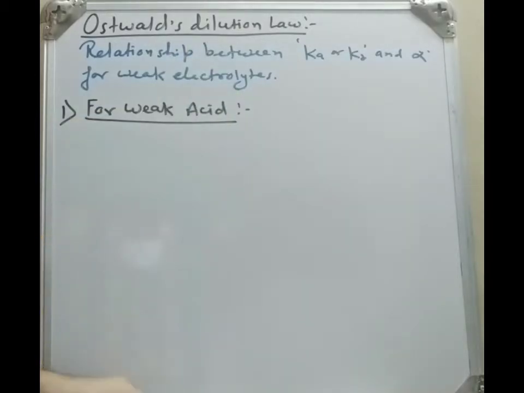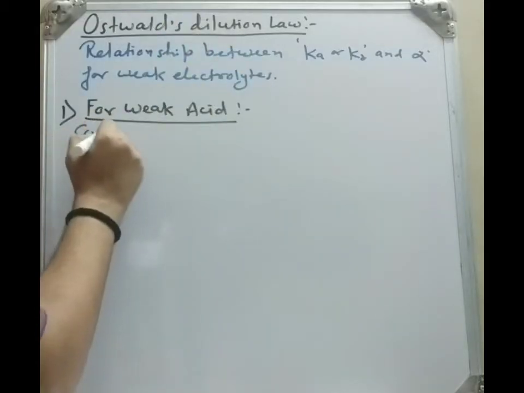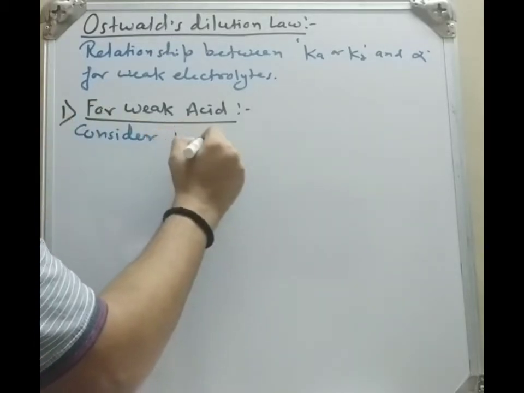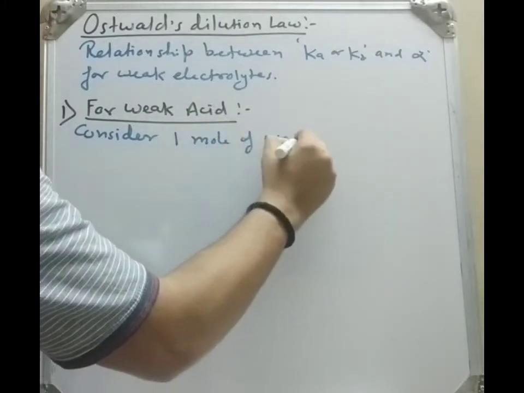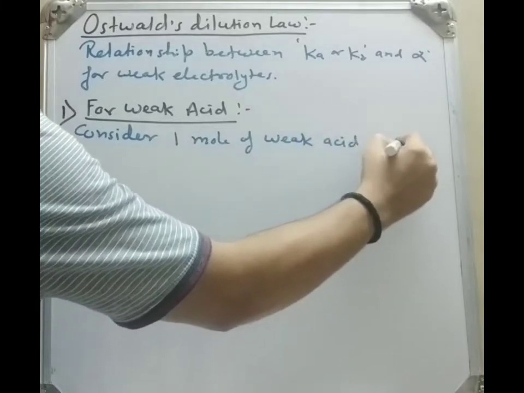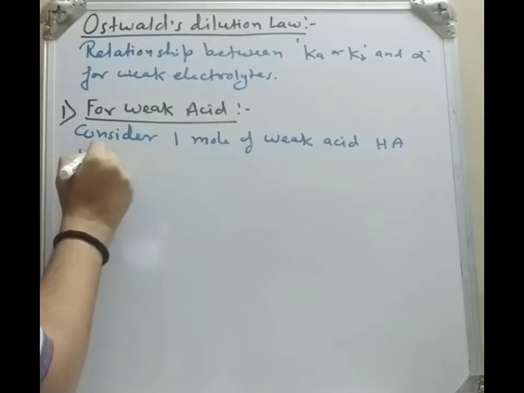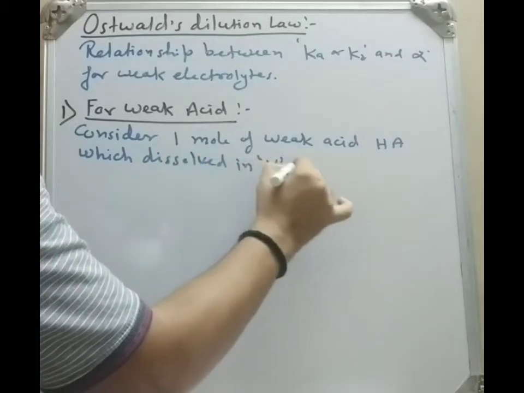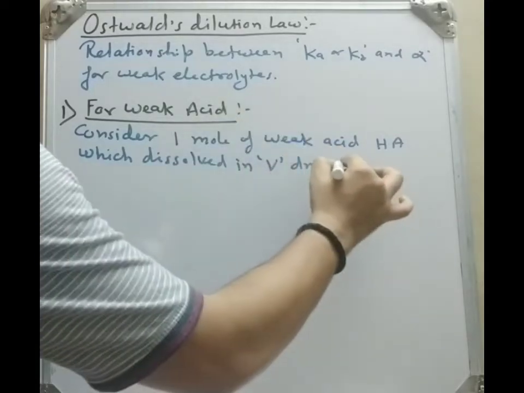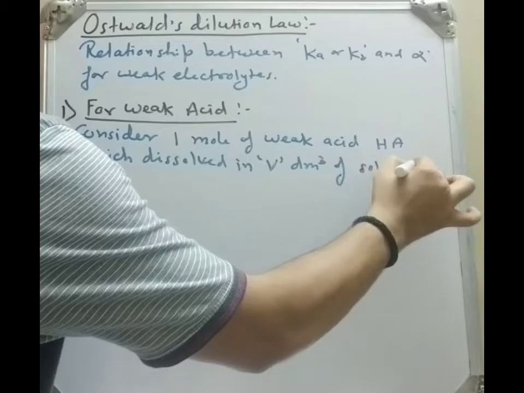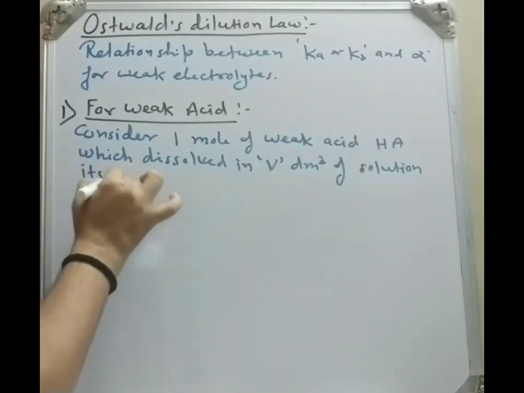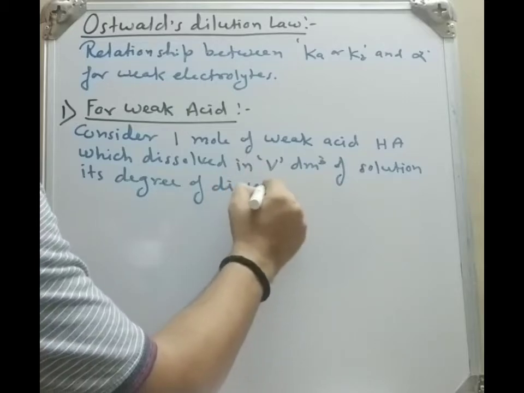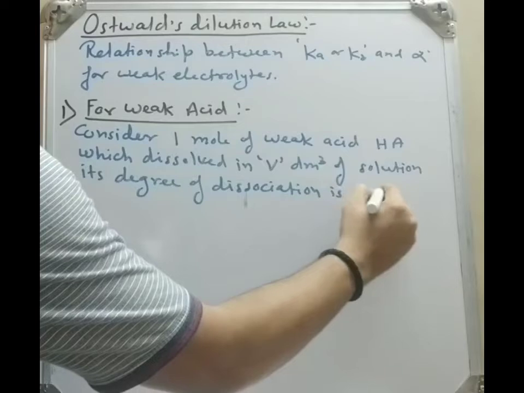Now consider 1 mole of a weak acid HA dissolved in V dm cube of solution, and its degree of dissociation is alpha.